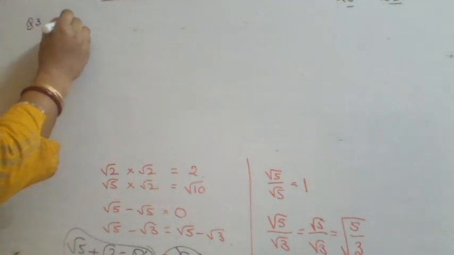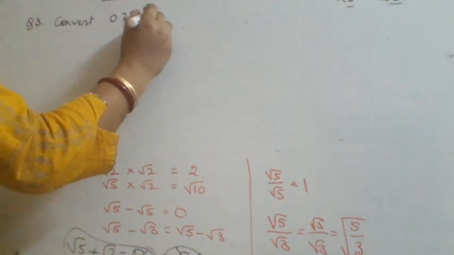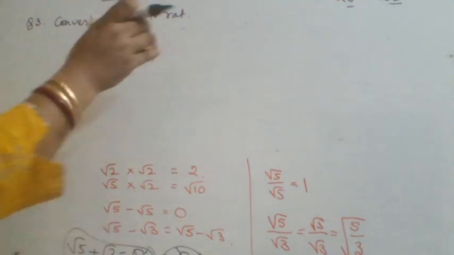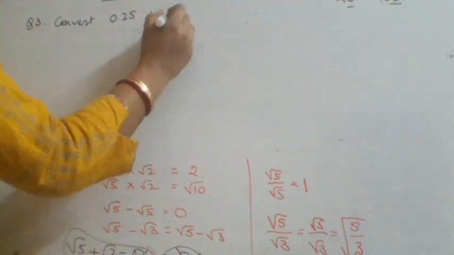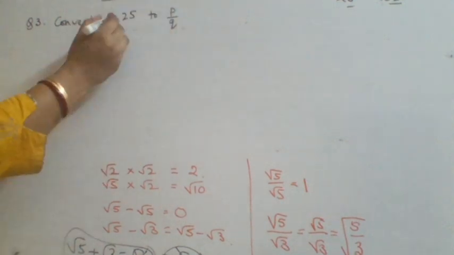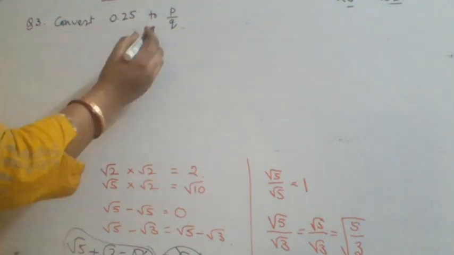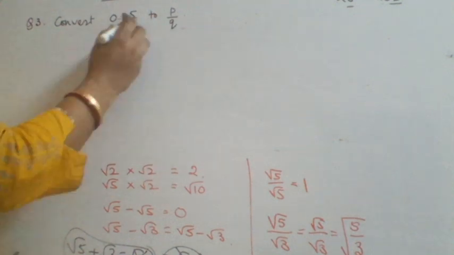Say, convert 0.25 to a rational number, or to p by q form. So this is 0.25, that is your terminating decimal. Terminating decimals can be written in the form of p by q, they are rational numbers. So how to go about it?